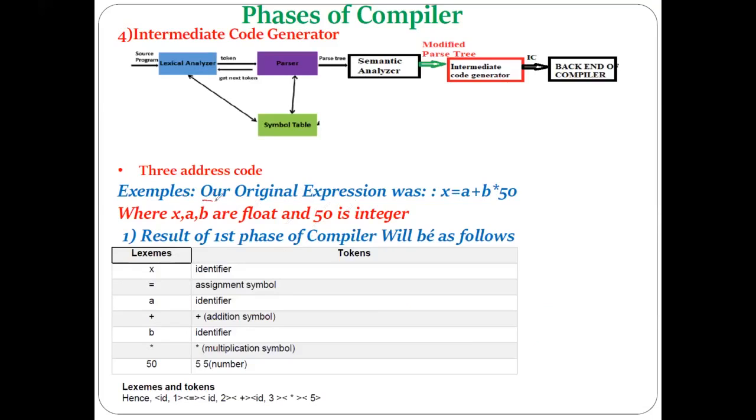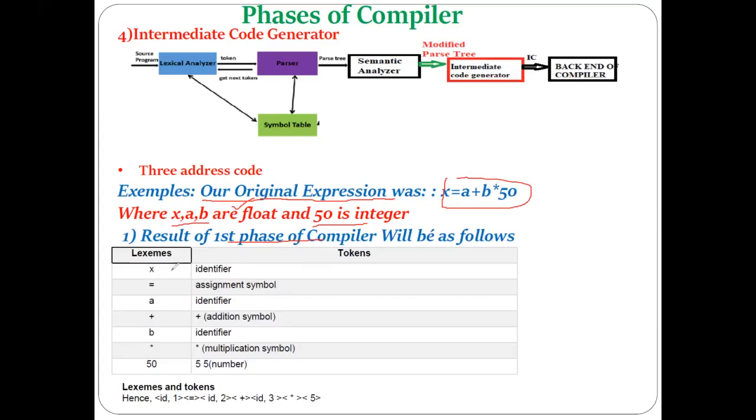So in the previous lecture, we were dealing with the expression, for example, x is equal to a plus b into 50, where x, a, b are the operands, and these are all considered as float, for example, and 50 is an integer here. Now the first phase of the compiler will generate the different kinds of tokens, or recognition of tokens.